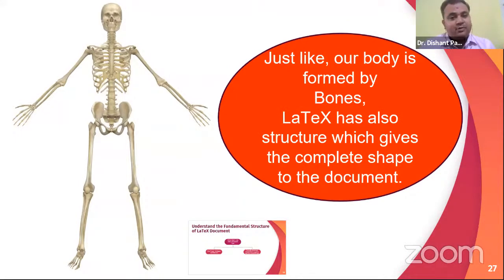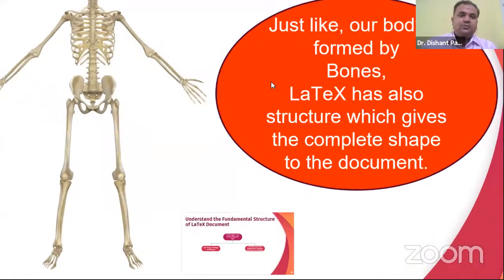And on that human you will have some more decoration. In the same way, LaTeX performs. Here we will understand the bare bone structure. On the basis of that, you can have beautiful presentations, beautiful documents, because all the later things are just decorations. So let's see how we can go further.